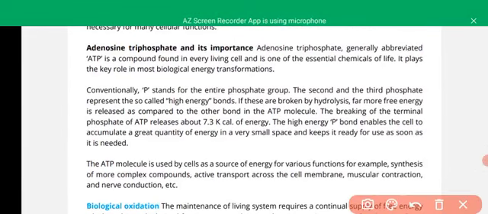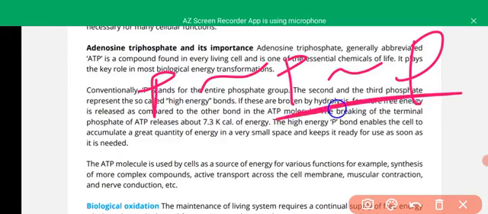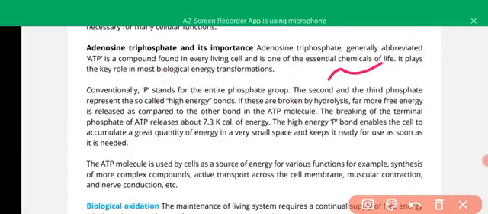It contains three phosphate molecules, and two phosphate bonds are high energy. When these phosphates are broken down, the maximum amount of energy is extracted. Like when one phosphate is broken down and it is converted into adenosine diphosphate, then 7.3 kilocalories of energy is released.